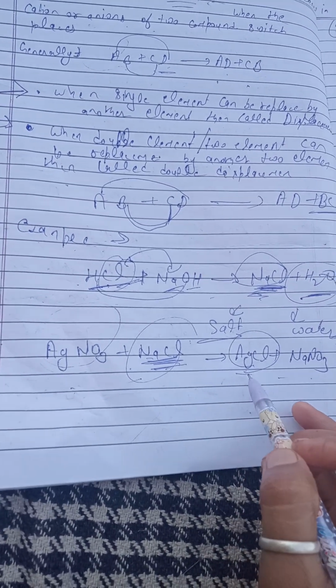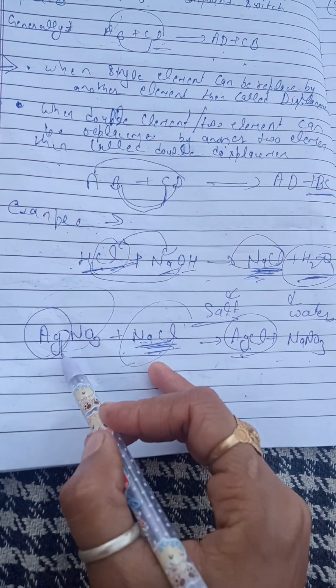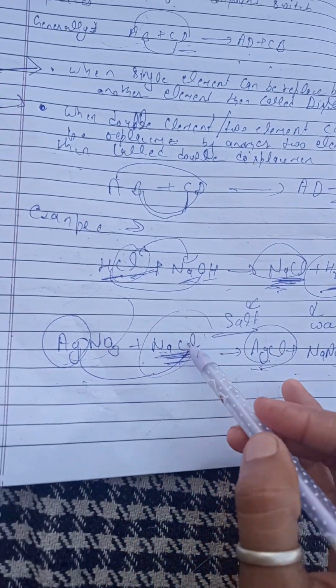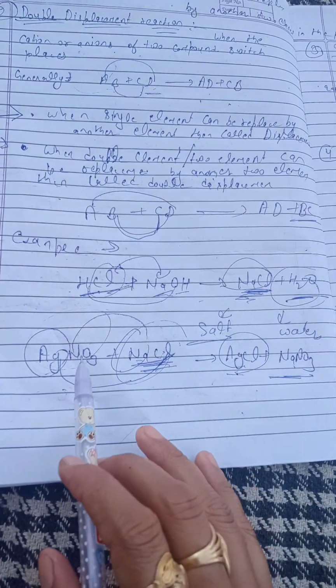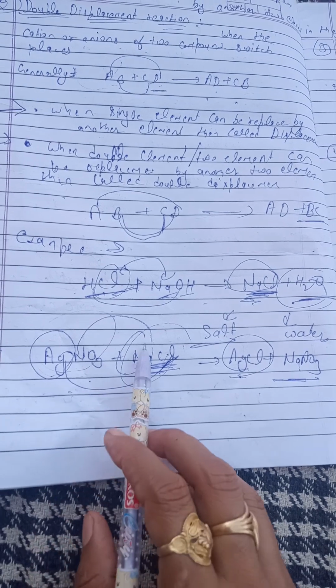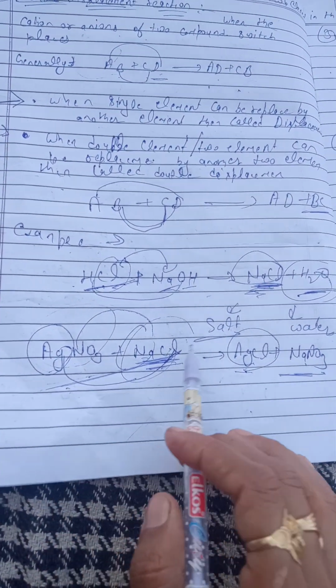Ag combines with the Cl and Na combines with the NO3.